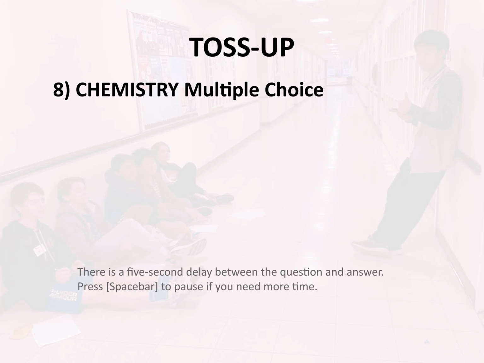Toss-up 8. Chemistry. Multiple choice. In a recent experiment, you identified an amino acid at the active site of an enzyme. Given your knowledge that basic amino acids are generally found at enzyme active sites, which of the following is most likely to be the amino acid that you have found?